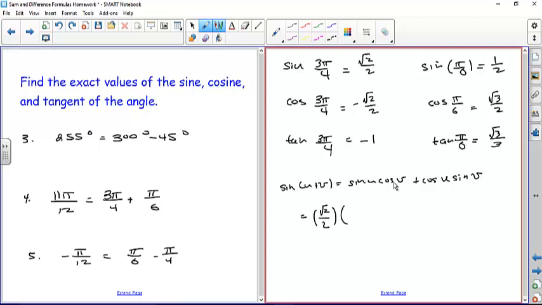The cosine of v is the square root of 3 over 2. Add the cosine of u, which is minus the square root of 2 over 2, times the sine of v, which is 1/2. So what you get is the square root of 6 minus the square root of 2 all over 4.